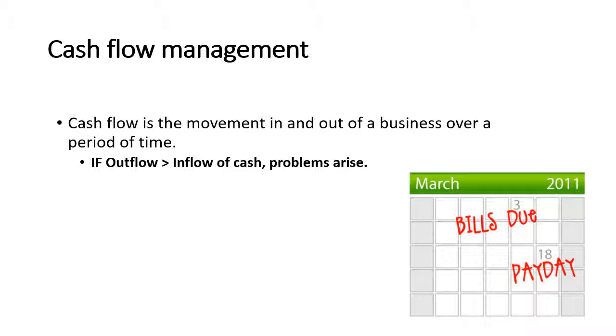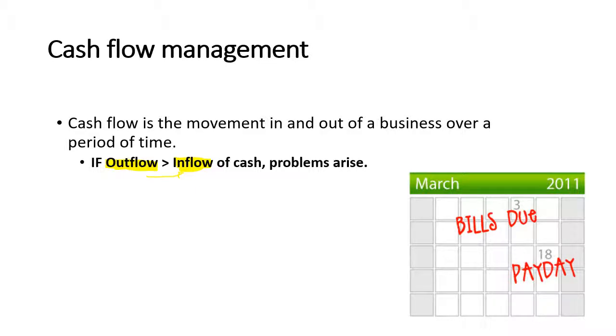Okay, now, the first one we're going to look at is cash flow management. And that's all about the money we have held within our business. And it looks at not only our outflows, but our inflows of cash. Okay, now if we don't have enough, or if we have more outflows than our inflows, here, a problem arises.